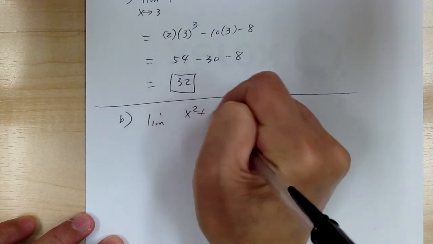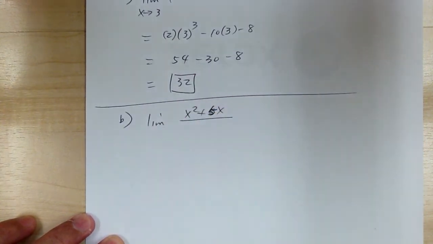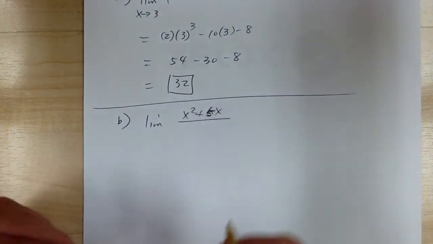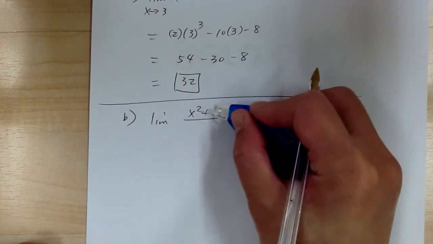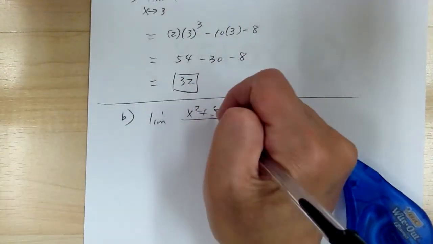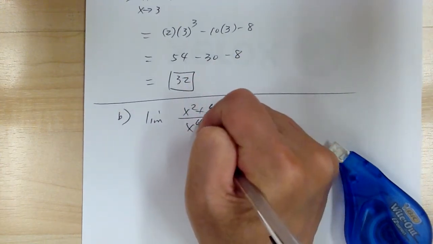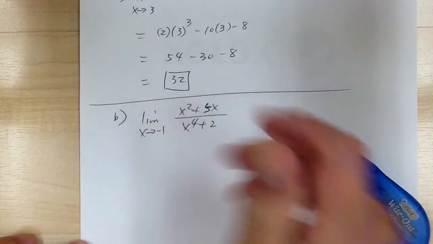You got x squared plus 5x over x to the 4 plus 2 as x approaches negative 1.